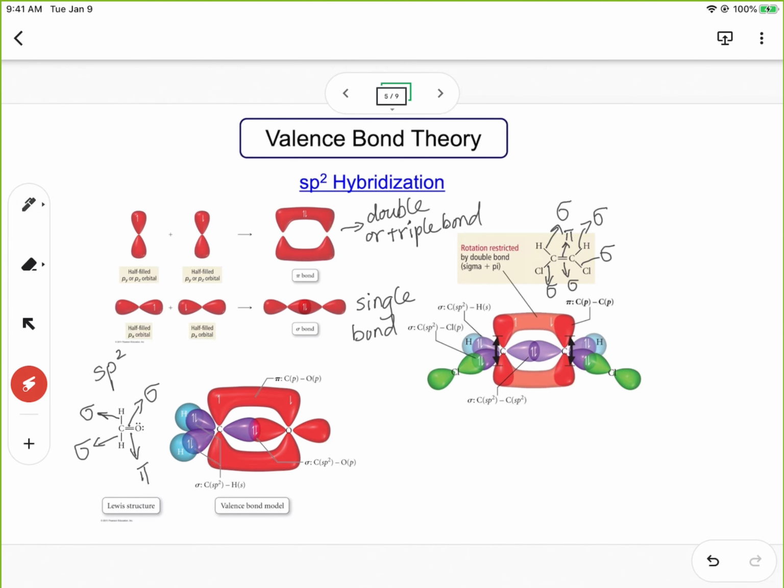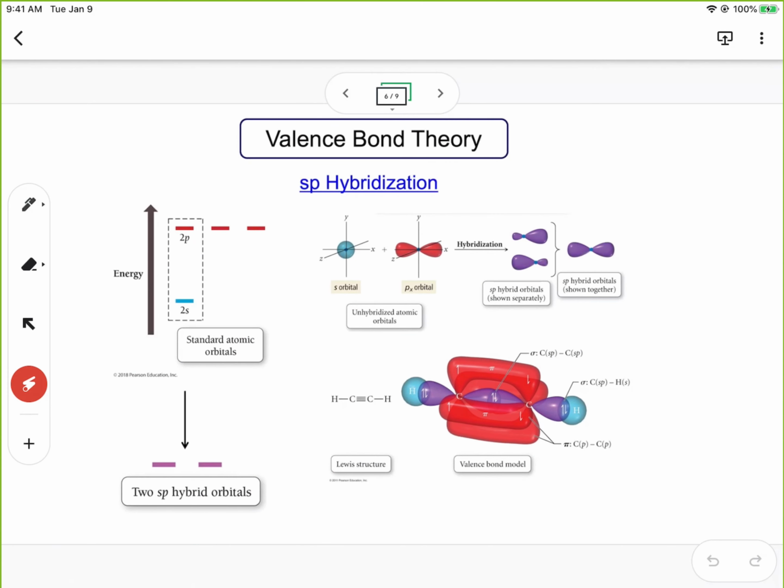If that is a head-to-head interaction, it's a sigma bond. If there is a head-to-head interaction and a side-by-side interaction, then it's going to be a sigma bond and a pi bond, so that's a double bond.